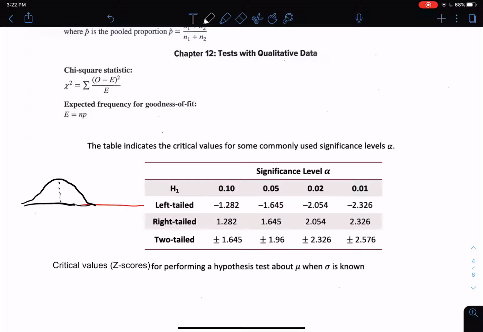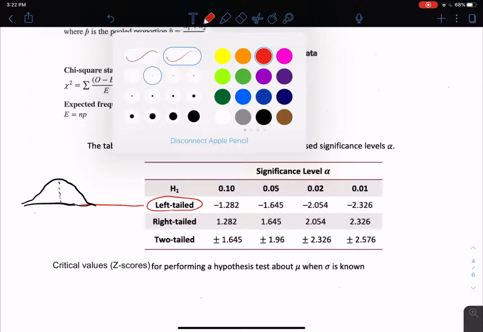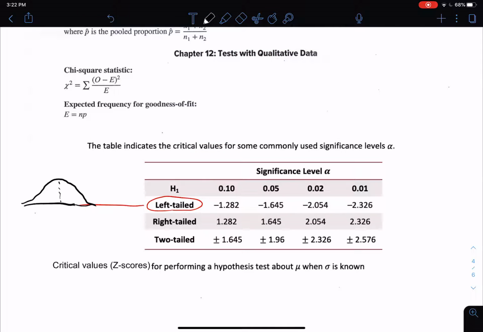What this is basically saying for this left-tailed test is, when we have this significance level, alpha, it is actually the area. Now this is a left-tailed test, so we're talking about the left side over here.